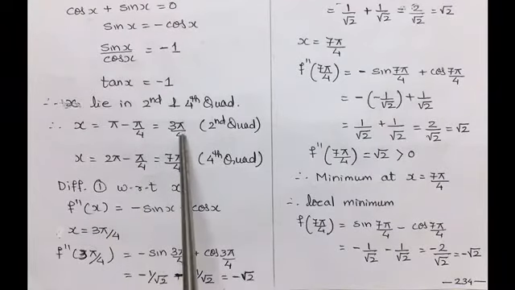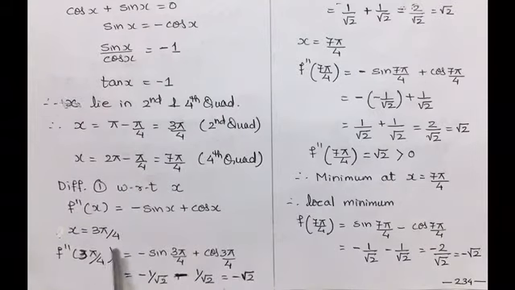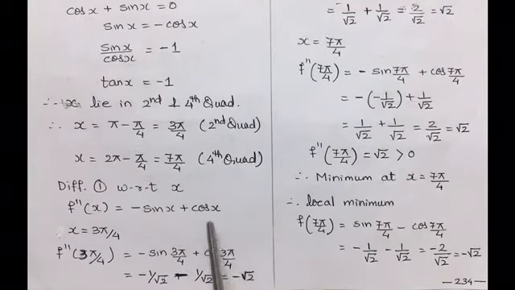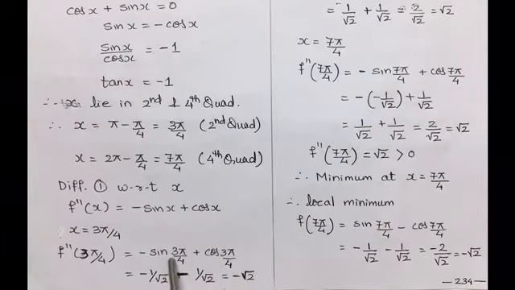Now keeping the value of x as 3 pi by 4, f double dash of 3 pi by 4 is minus sin 3 pi by 4 plus cos 3 pi by 4. Now 3 pi by 4 comes in the second quadrant. In the second quadrant, sin is positive, and for pi by 4 the sin value becomes 1 by root 2.